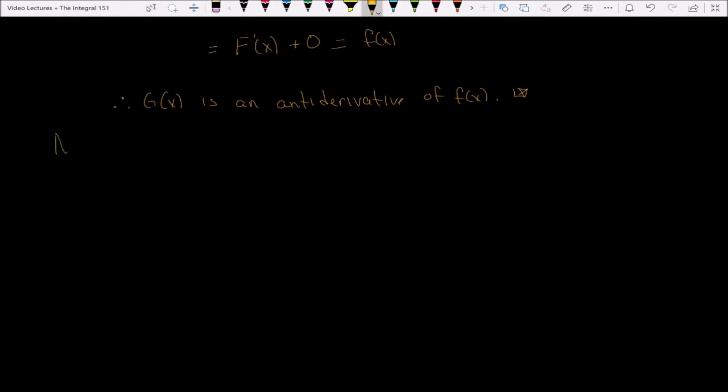Notation. We represent the antiderivative this way. This is known as an indefinite integral.